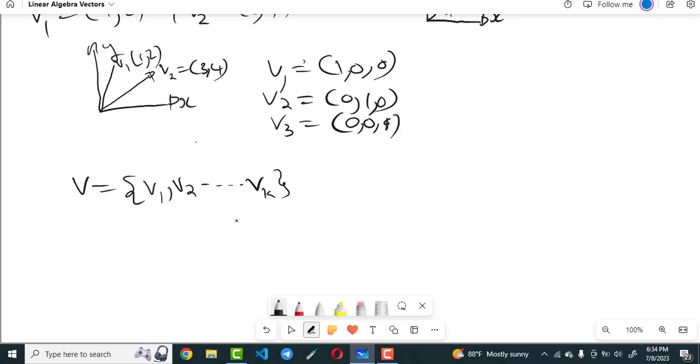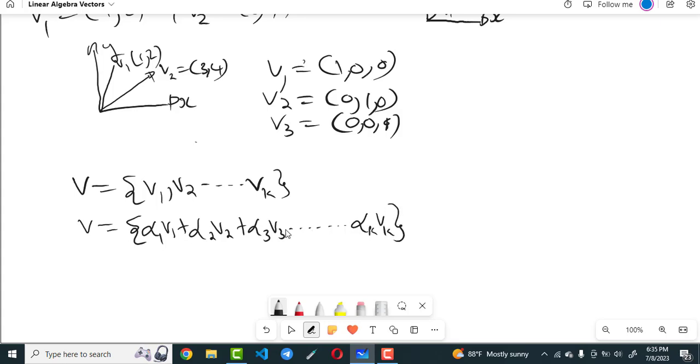And also a new vector with a linear combination will have lambda 1, which represents our scalar, times V1, plus lambda 2 V2 plus lambda 3 V3, and this can go on up to lambda k Vk.